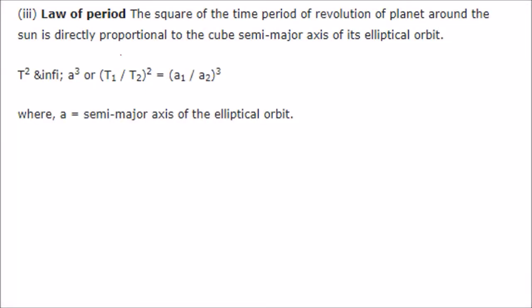Law of period. This says that T square is directly proportional to a cube, or you can say r cube. The square of the time period of revolution of a planet around the sun is directly proportional to the cube of the semi-major axis of its elliptical orbit.